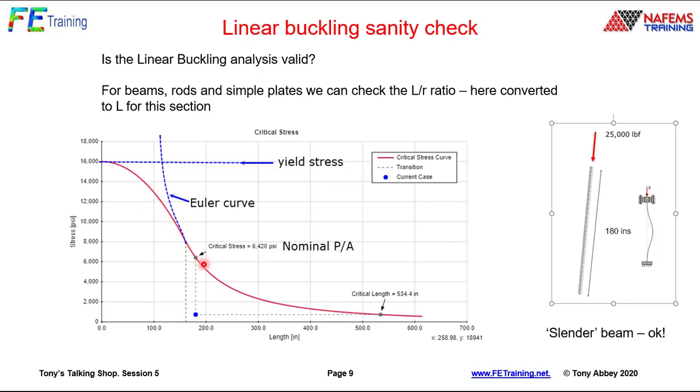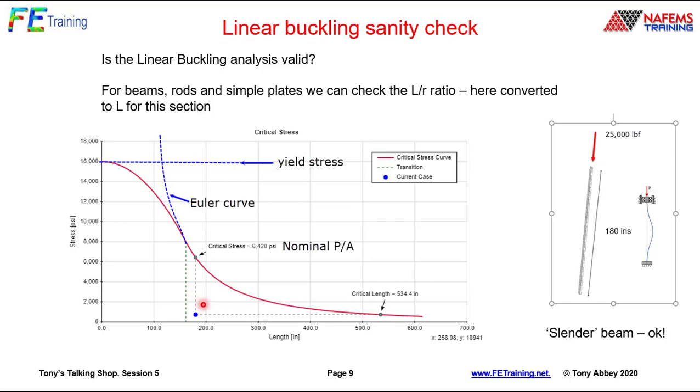So the question here is, are we slender enough to get away with the Euler assumptions, the linear buckling assumptions? In our particular case, this applet knows the radius of gyration, so it can tell me directly what the critical length would be. So it's saying this is the transition. If I get a length about here, then I shouldn't be using slender beam theory, the Euler, or linear buckling.